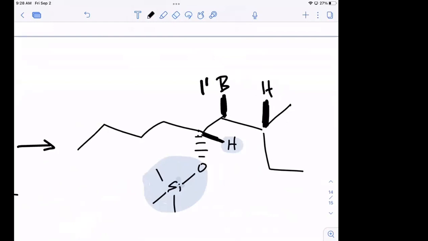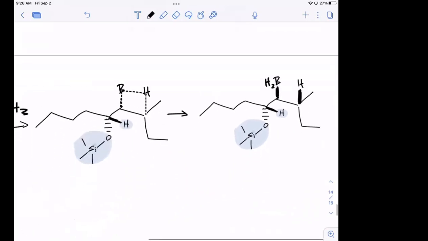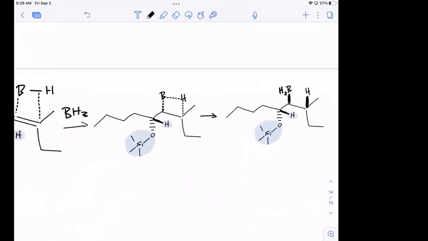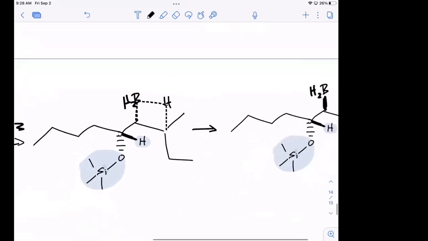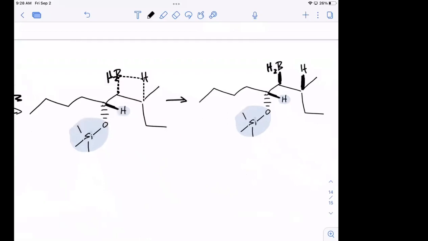Because the boron is trying to avoid, again, coming in from the same side as that chiral center, the same direction that the chiral center is facing. If you watch the video, what is it called? What is the boron trying to avoid in this case? There's a specific term that the chiral center creates, and when that happens, it increases the energy of the pathway.